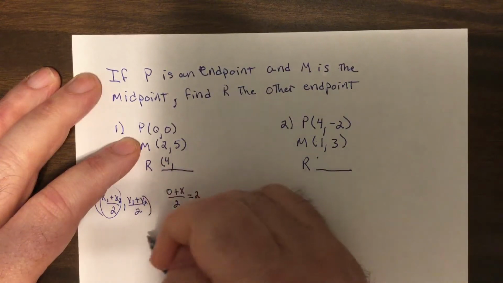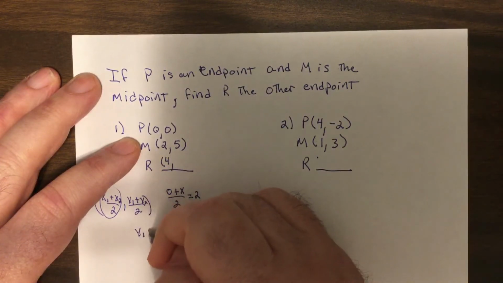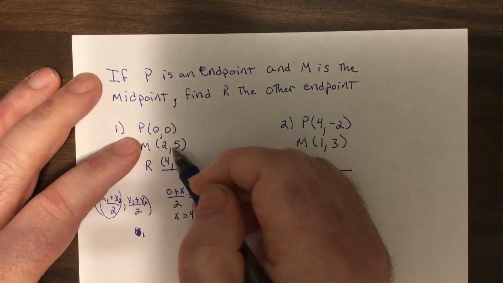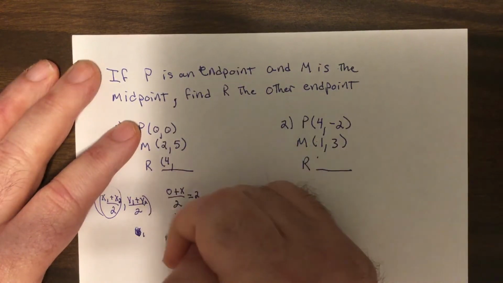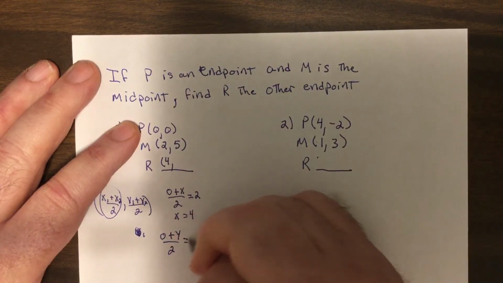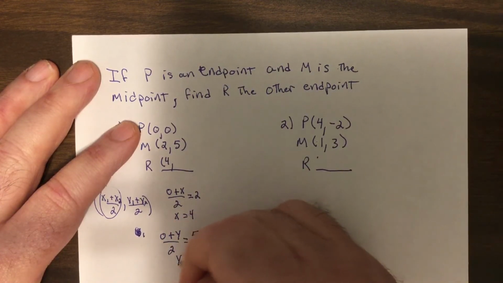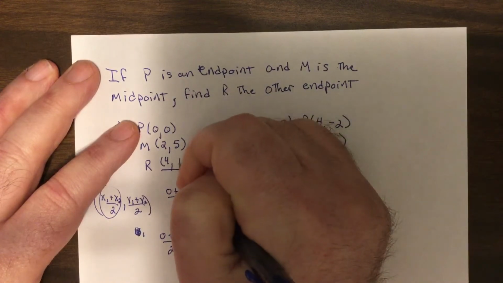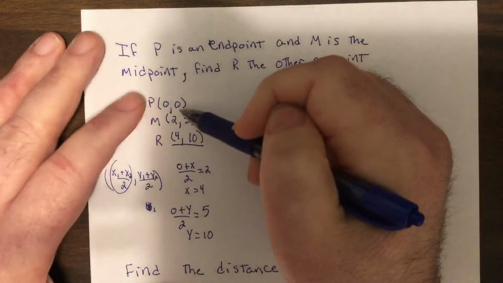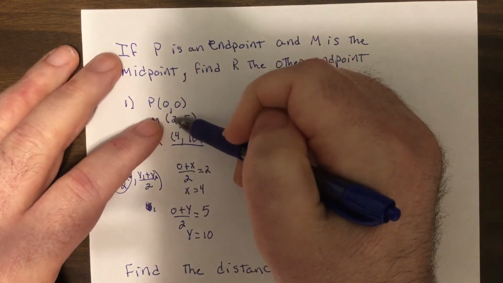Then you could do that algebraically again with the y's. So it'd be the y number 0 plus y over 2 equals 5. So y equals 10. Now a mental way of doing this is to say, wait, middle point means the one right in the middle.